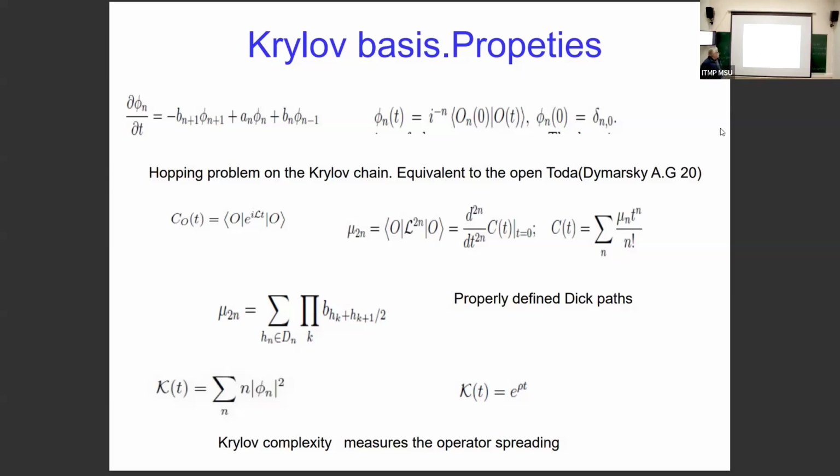Another representation is in terms of SYK paths. In what follows, I'll use the so-called Krylov complexity defined in this way, and the behavior of Krylov complexity at large t generalizes the Lyapunov exponent for the classical chaos.